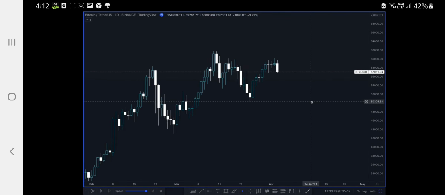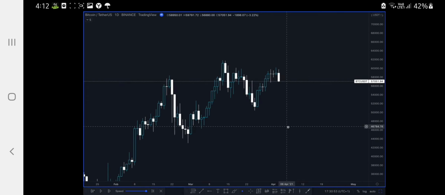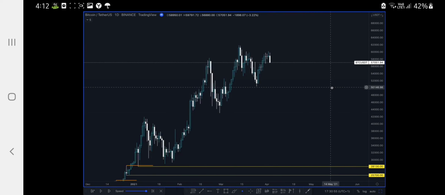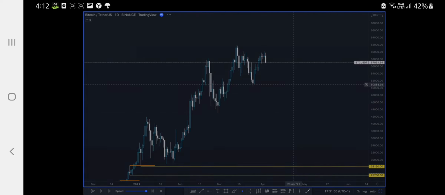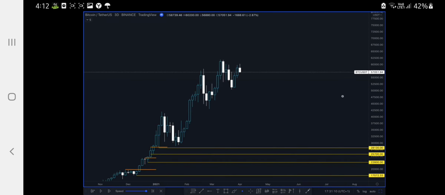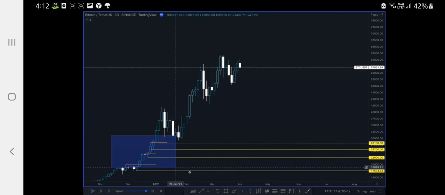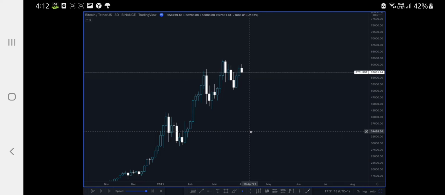So in terms of market structure, what you could do is look at a higher time frame and see how the structure is developing there. Because on a daily time frame, we can see that market structure is breaking. So then we go to our next highest time frame, which for me would be the 3-day. So I like to go daily, 3-day, 1 week, if I'm on my super high time frame charts.